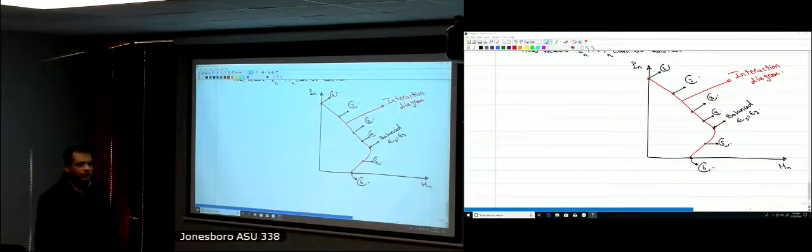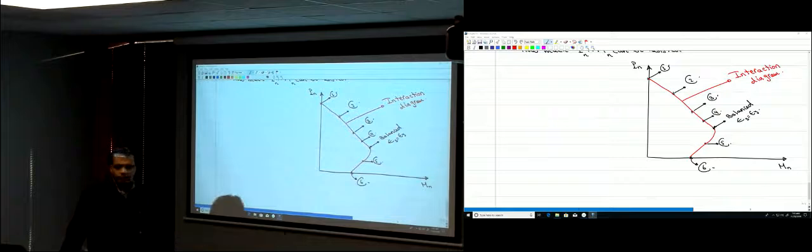So today we're going to continue our discussion of the interaction diagrams, the case where you have a combined axial compression force and moment.